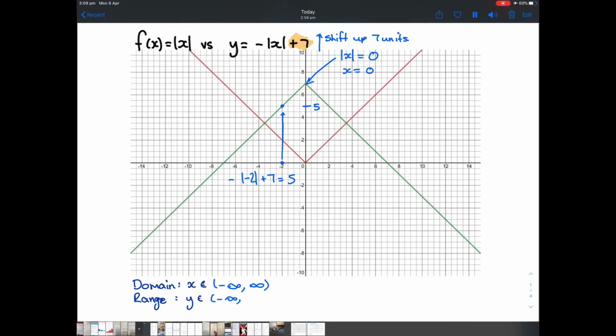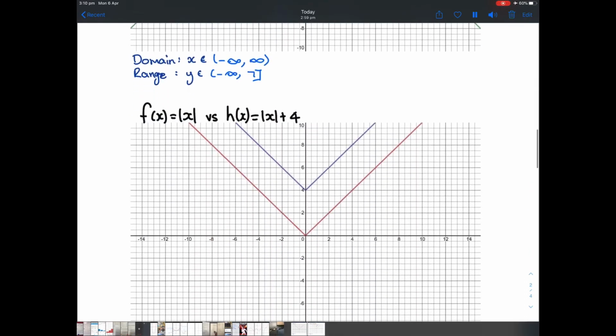But because we've had that plus 7 at the end there, it's shifted our range, our whole graph, up 7 units. Its maximum value is 7 units. And again, we use that square bracket because we can be exactly at 7. So hopefully you've noticed that random constant is moving our graphs up and down.